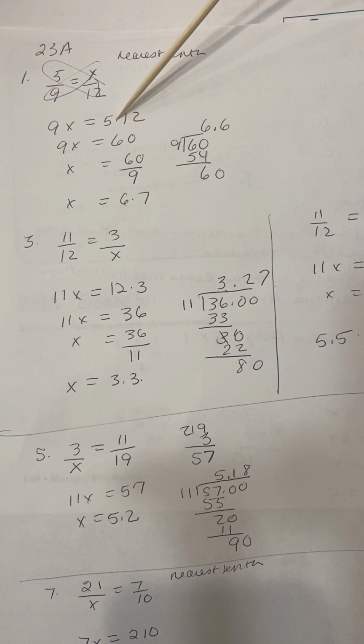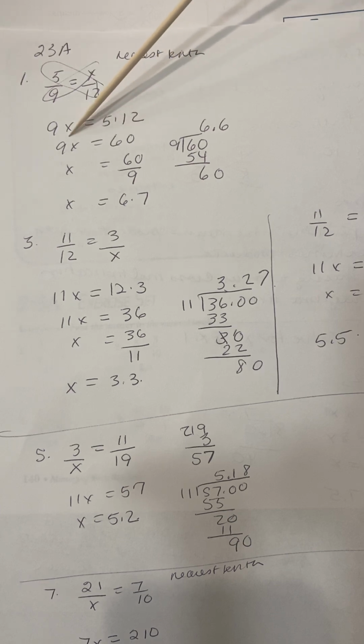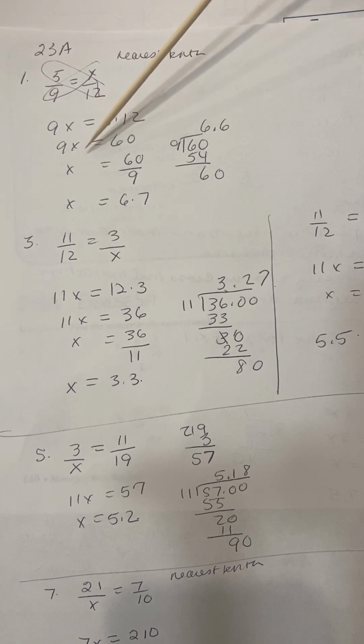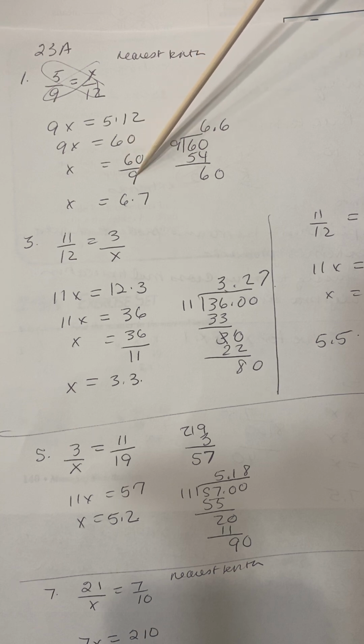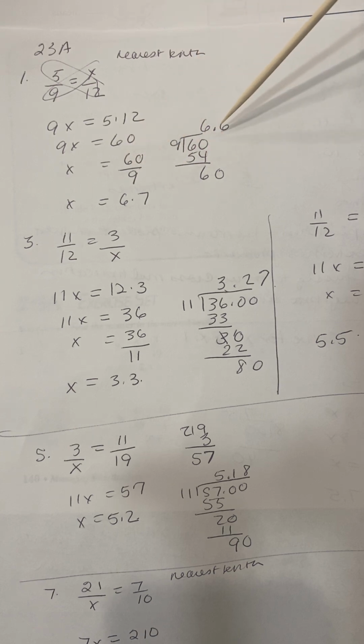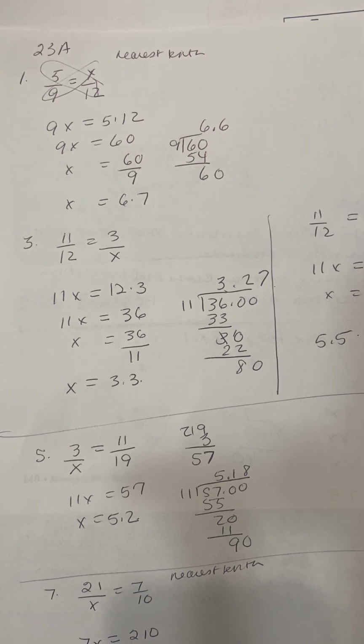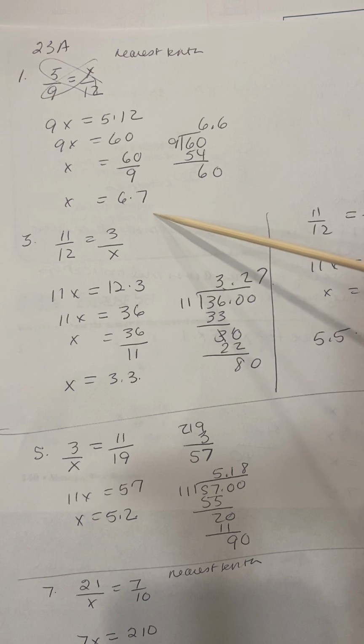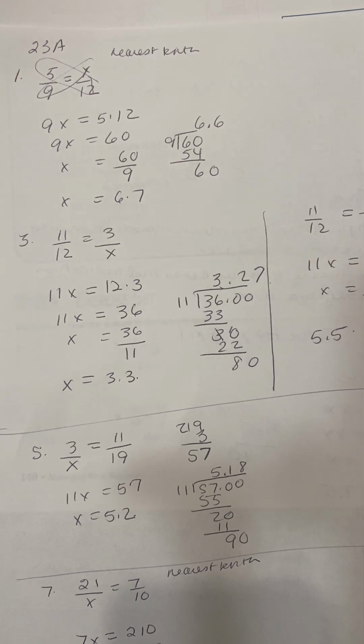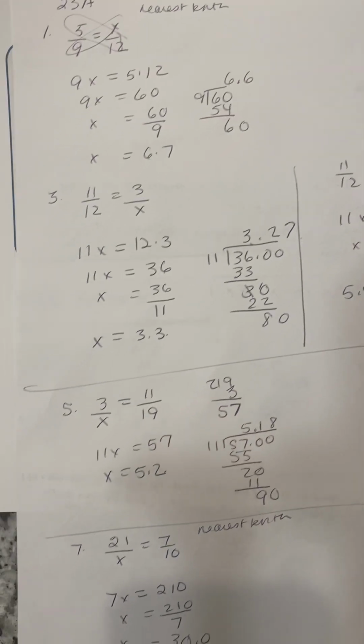I put that dot there, it means times. 5 times 12 is 60. 9x equals 60. Then x equals 60 divided by 9, which I did here. And I got 6.6, so actually I got 6.6 something, but it ends up 6.7 when you round it to the next number. So x is going to equal 6.7.